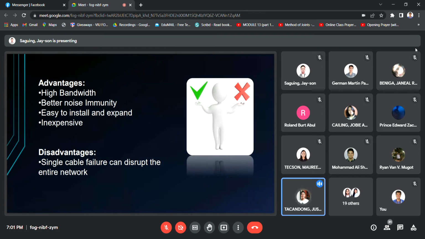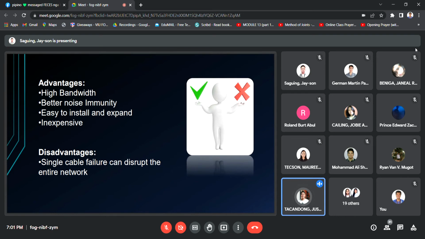So there are also advantages and disadvantages of using a coaxial cable. The advantages include: first, high bandwidth, meaning a high range of frequencies within a given band, in particular that used for transmitting a signal. Second, better noise immunity. Third, easy to install and expand.